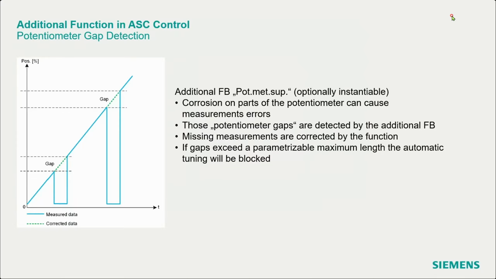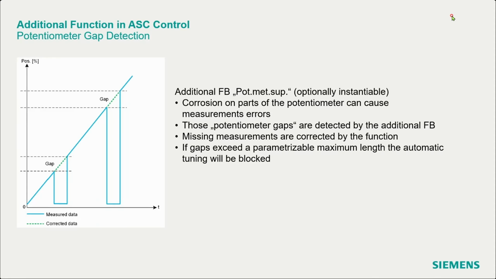Here on the next slide, you will see an additional function which is now implemented with 10.0. You have the possibility for potentiometer gap detection, which is an additional function block which can be optionally instantiated in the function.